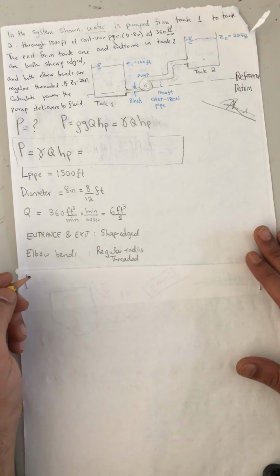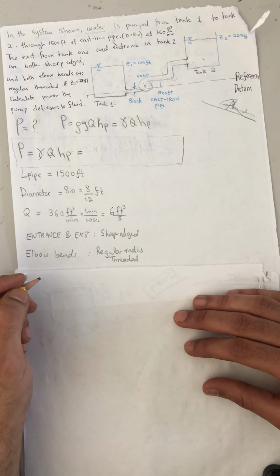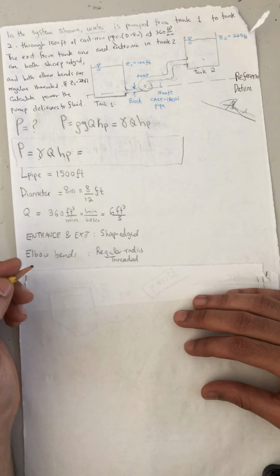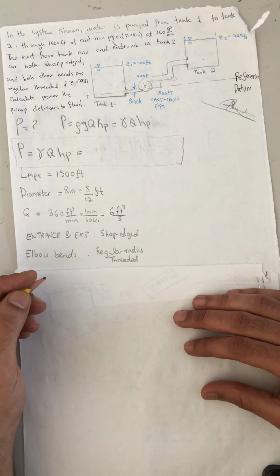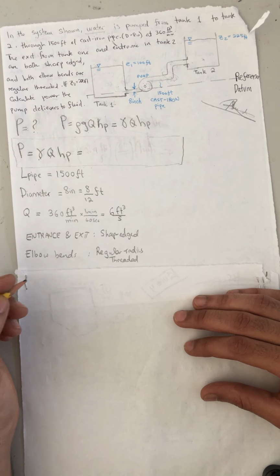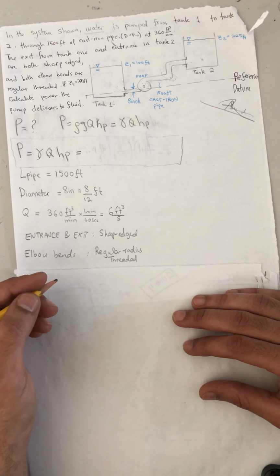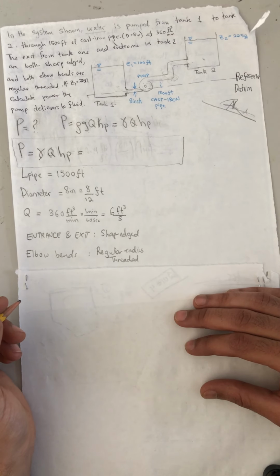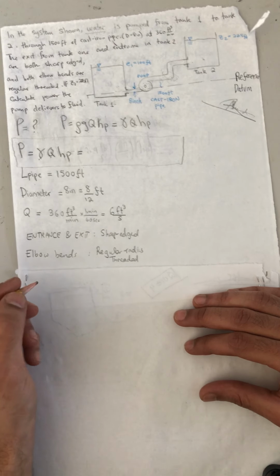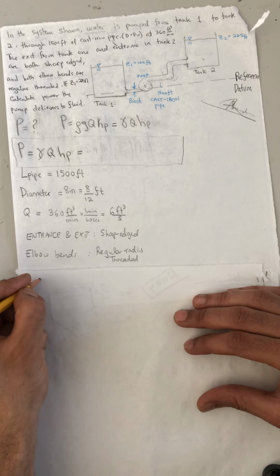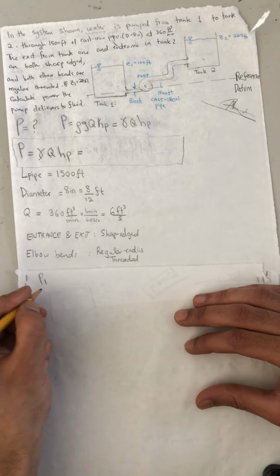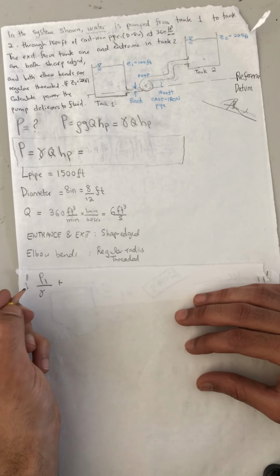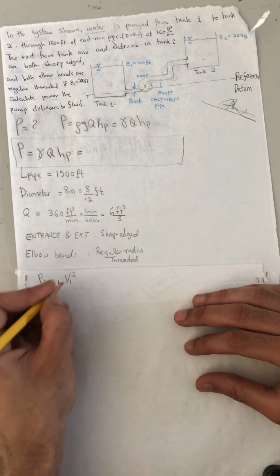By introducing the Bernoulli equation that takes into account the head gain and the head loss due to the flow of our fluid through the straight pipes and the bends, our energy equation is the following.